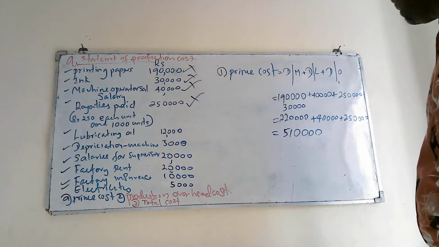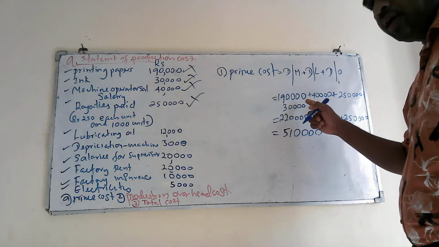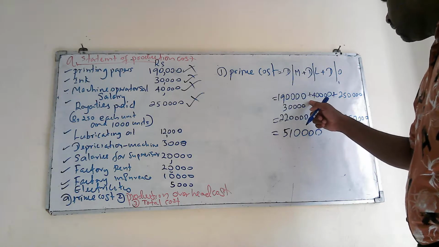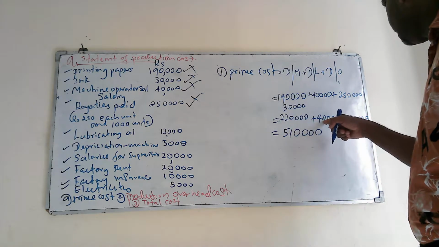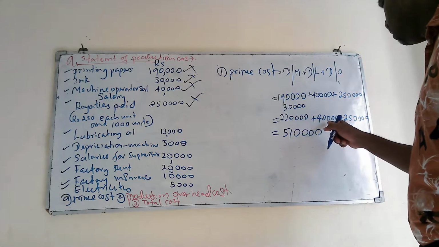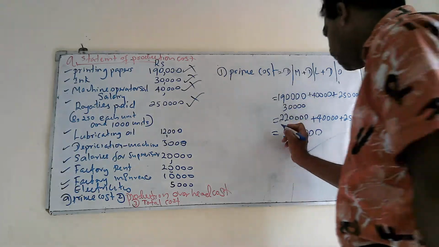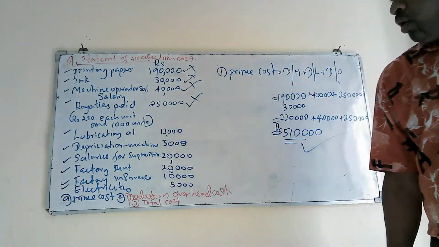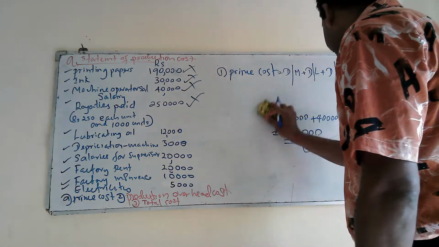You just check: 190 plus 30,000, that is 220, 40 makes 260, and 250 makes 510, that is correct, right? Then at the exam, we have to put it in the answer. That is the answer for part 1.